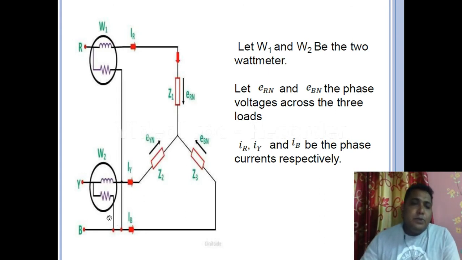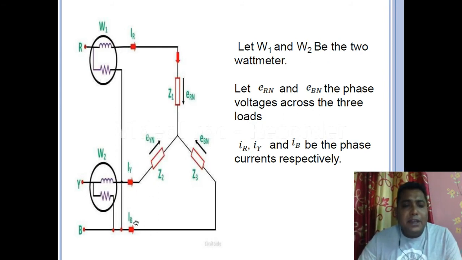Okay, so we are considering that through the R phase IR current is flowing, through the Y phase IY current is flowing, and through the B phase IB current is flowing. Each phase has an EMF voltage: ERN, the voltage between R phase and neutral; EYN between Y and neutral; and EBN between B and neutral.